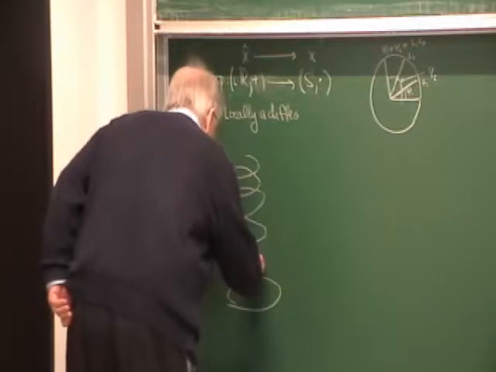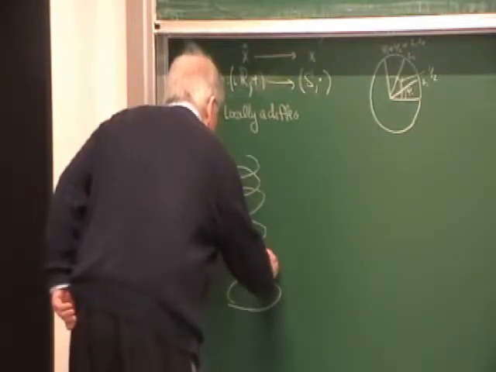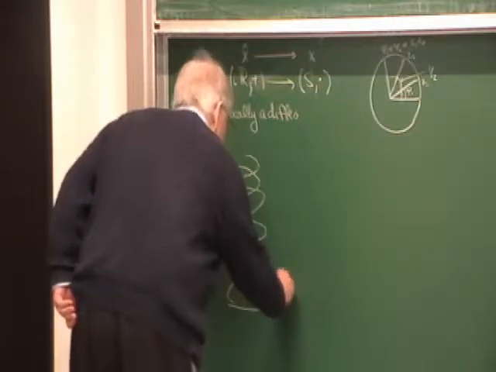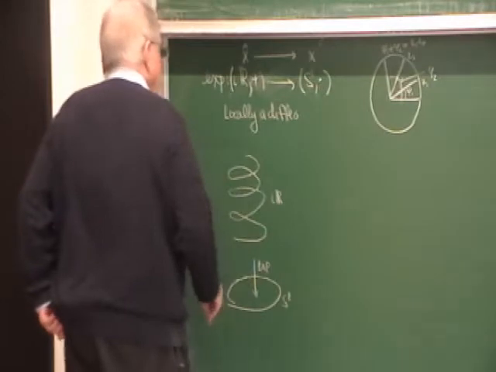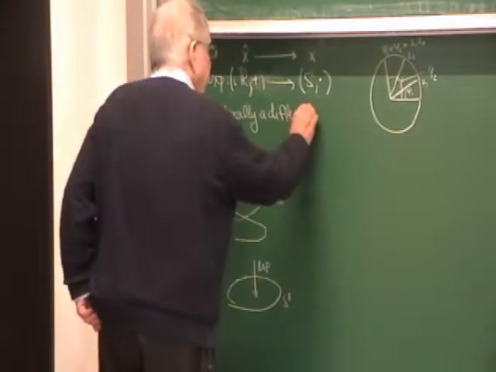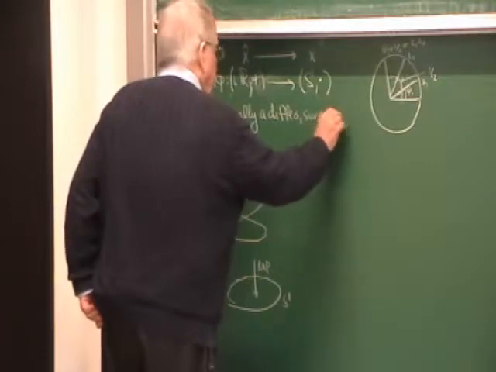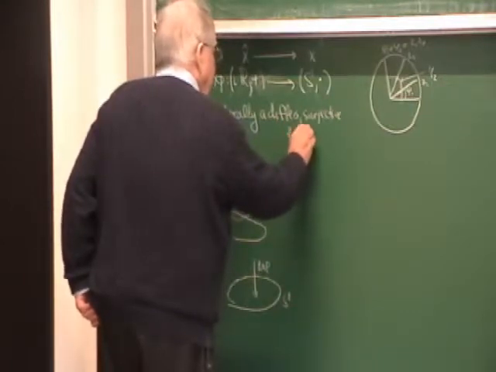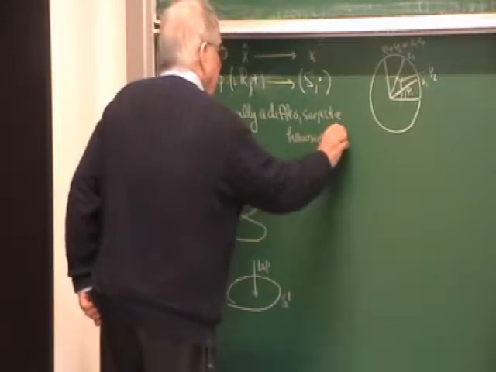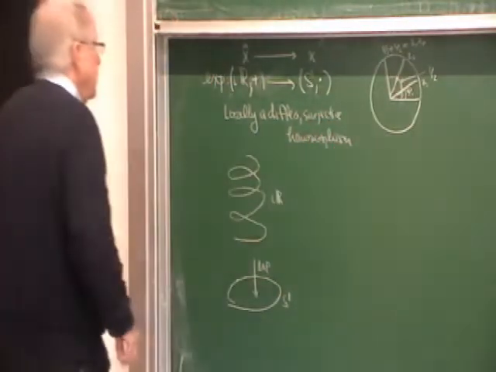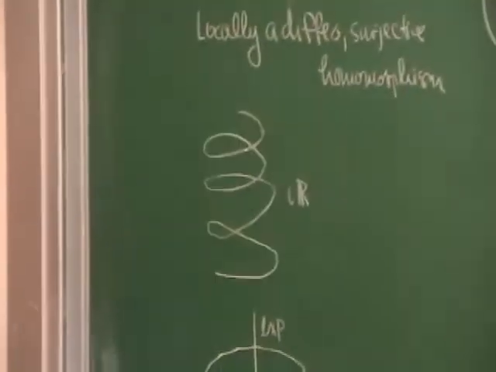And you see, this mapping, which is X, and this is S1, and this is R, is a local diffeomorphism, it is surjective, and it's a homomorphism. It's the same thing. I just restricted it. That means I can add angles and so on. Okay?